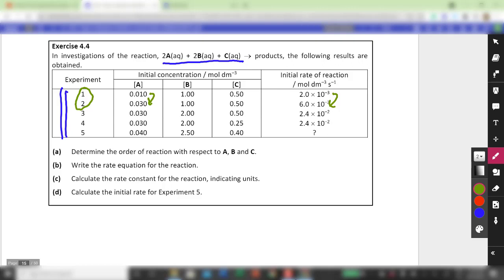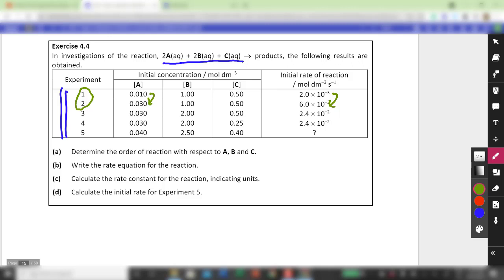Yeah, so over here, if you want to do this question part A by inspection, all you need to do is to say something along the line that keeping the concentrations of B and C constant at 1.00 and 0.50 moles per litre respectively, I triple the concentration of A from 0.01 to 0.03. The initial rate triples from 2.0 times 10 to the power minus 3 to 6.0 times 10 to the power minus 3.